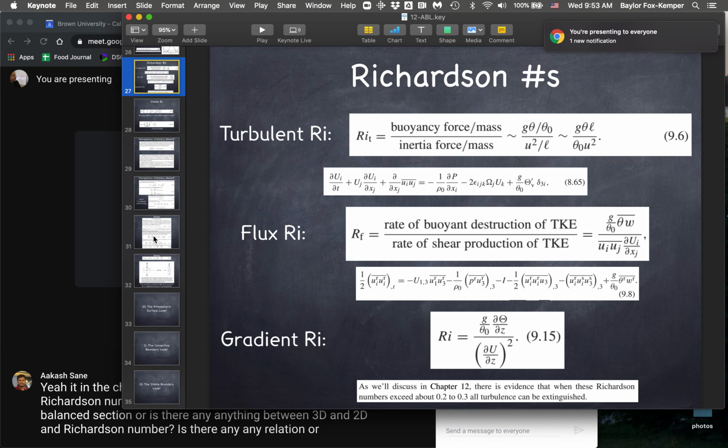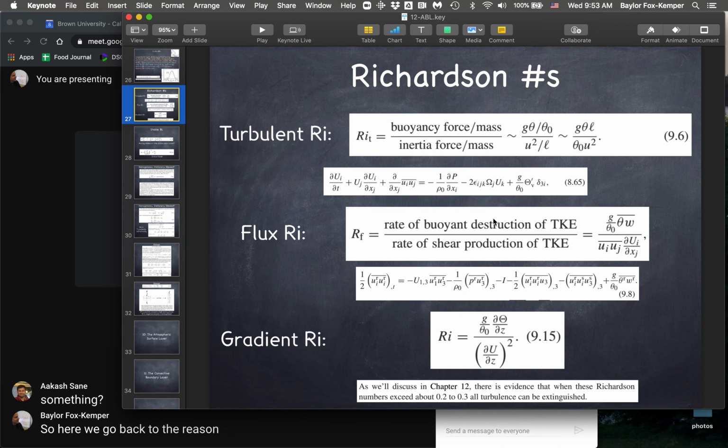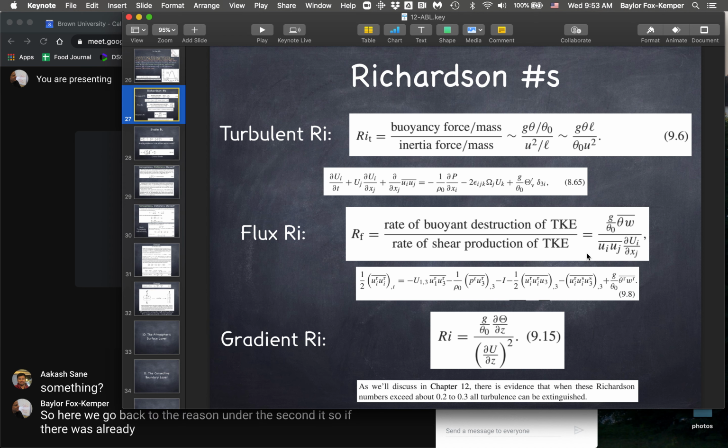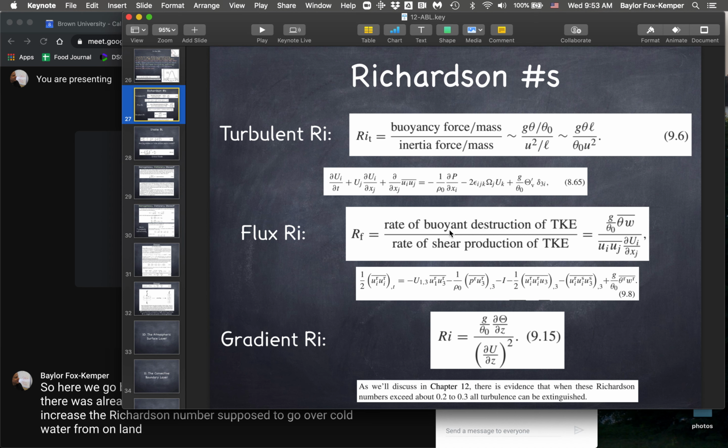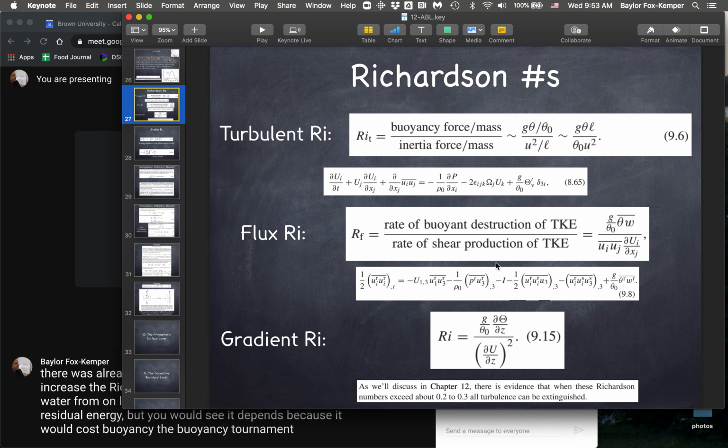So if there was already turbulence and somehow you manage to increase the Richardson number, suppose you go over cold water on land, then that turbulence might still have some residual energy, but you would see it decay because it would cost buoyancy. The buoyancy term would be acting against the shear production.